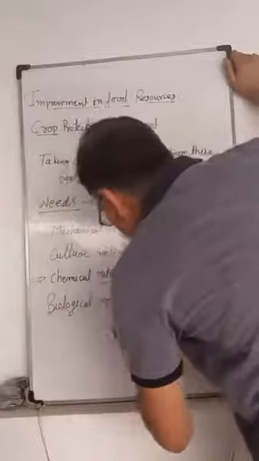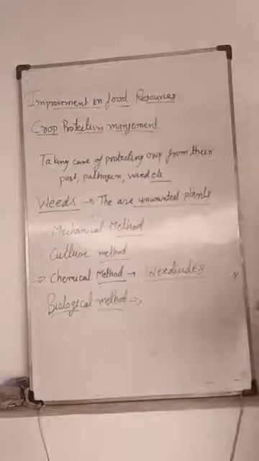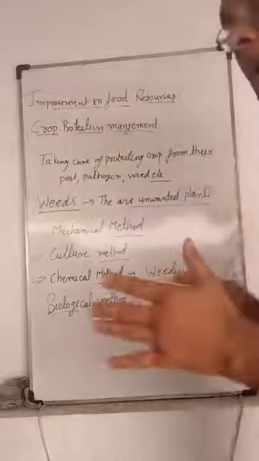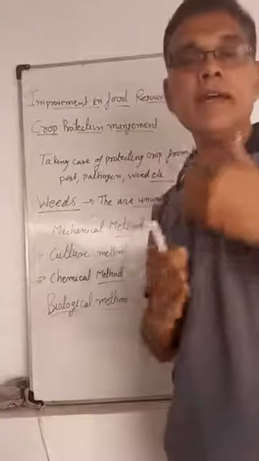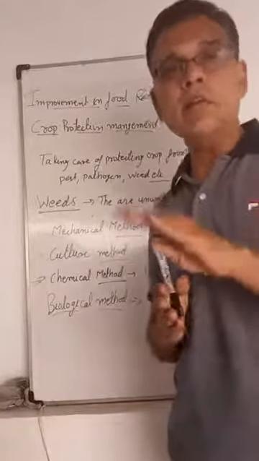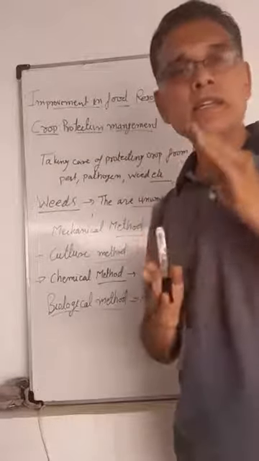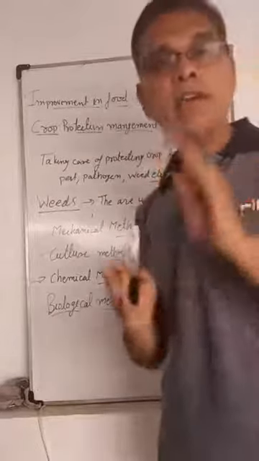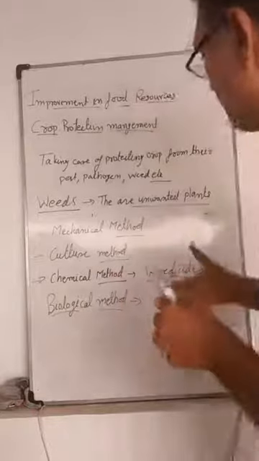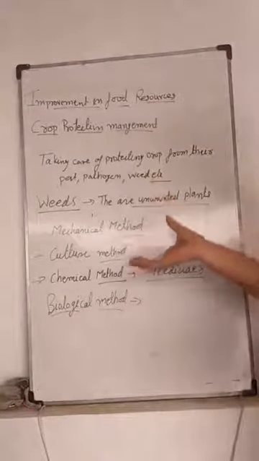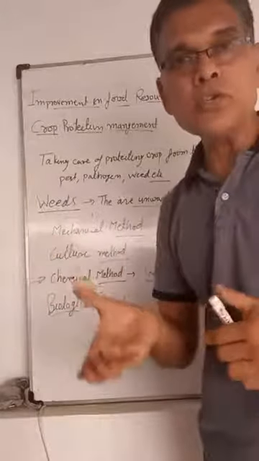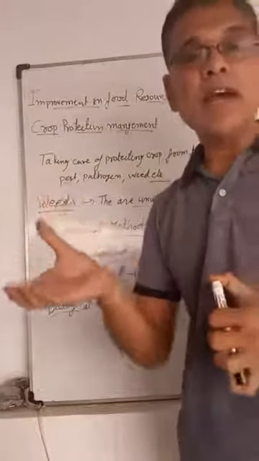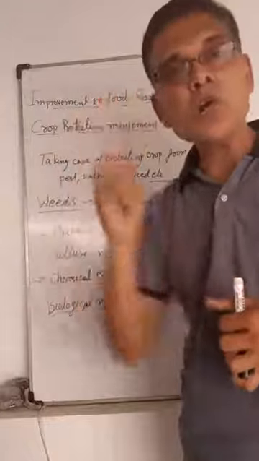The last one is biological methods. Through biological methods, we can also control the weeds. How? In nature, each and every plant and animal has its enemies. If we introduce the natural enemy of the weeds, that enemy controls the weeds.